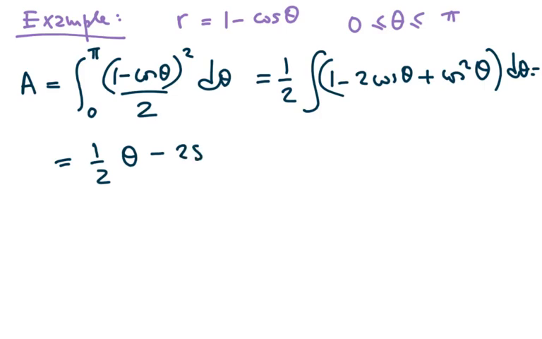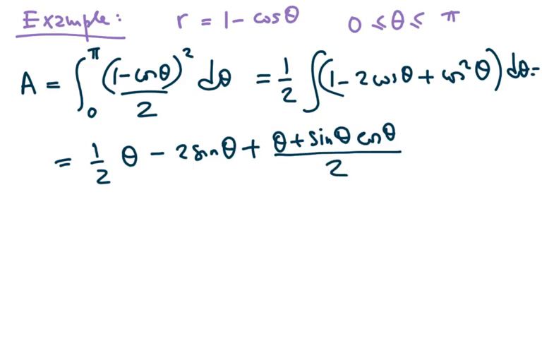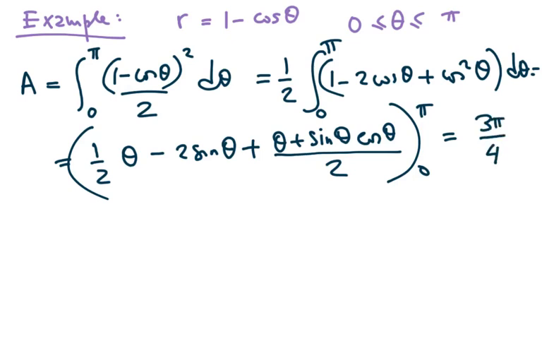So this is going to be the integral plus the integral of cosine squared. And so evaluate between 0 and pi. We evaluate, and the result then will be 3 pi over 4.